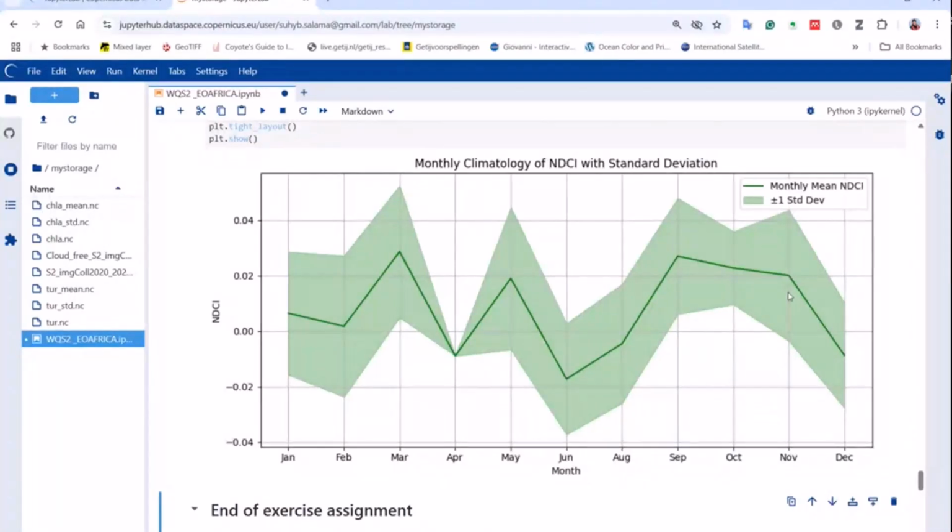So if I aggregate on a month, I will get monthly climatology. So I will convert these 55 images to only 12, each one representing 1 month. Except for July, because I could not get data for July that satisfies the condition of lower than 25%. And I also calculate the standard deviation.